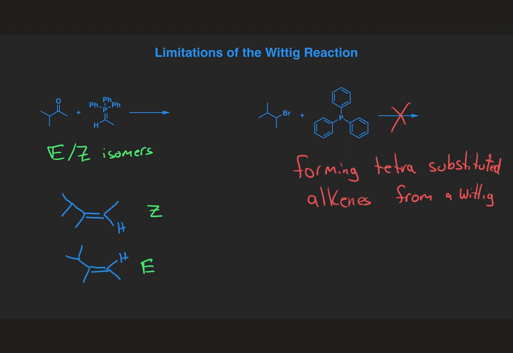It's not impossible, but it can be difficult, and the limitation is caused by this reaction not being very fast. So the formation of the ylid is a little bit difficult from secondary alkyl halides to form tetrasubstituted alkenes.